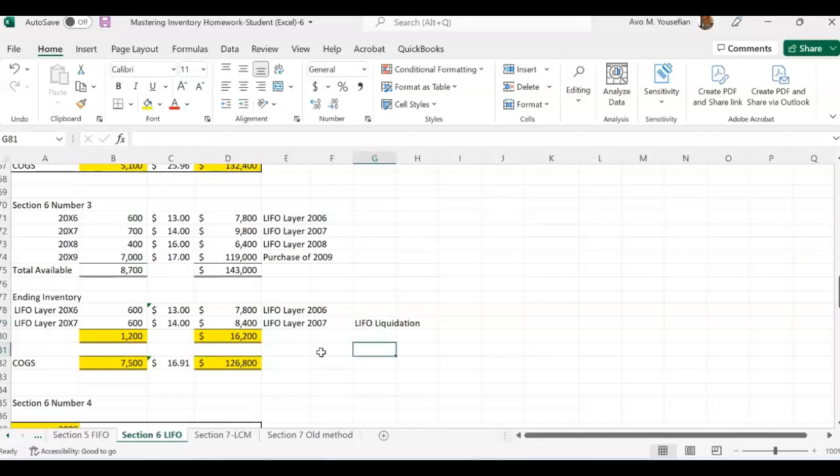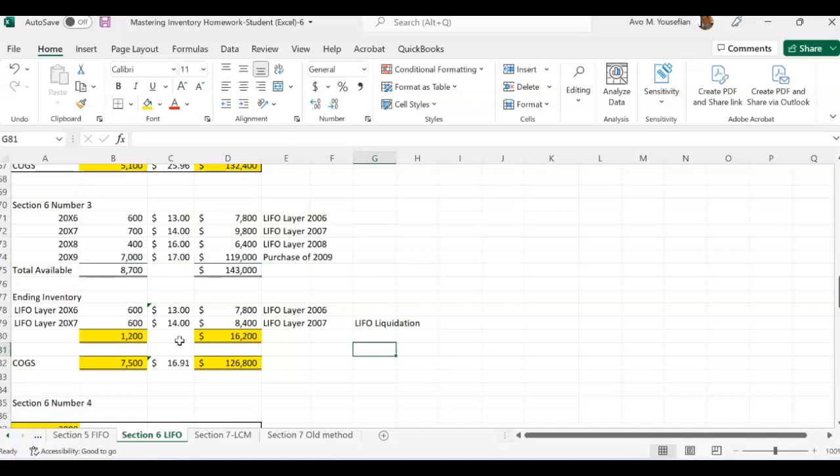and that has to be disclosed in the notes to financial statements, saying we had such a situation and we had a LIFO liquidation. And why is it important? Because those are cheap layers that they sold. 2018 is completely gone, and a portion of the 2017 LIFO layers is also sold and liquidated. So those are cheap layers, and all of a sudden the gross profit, revenue minus cost of goods sold, will be high, and the gross profit ratio will be high.